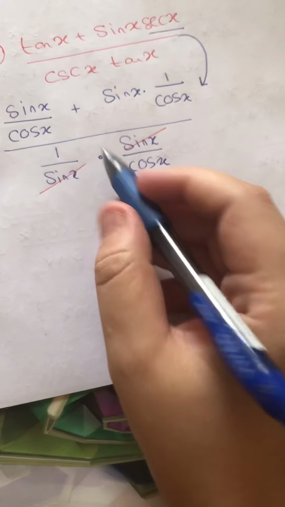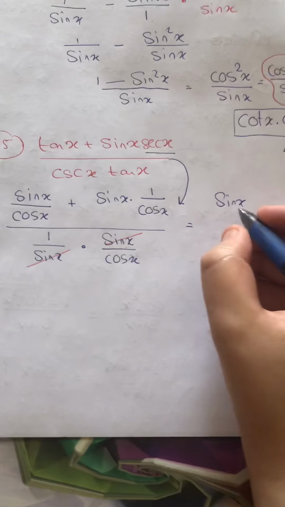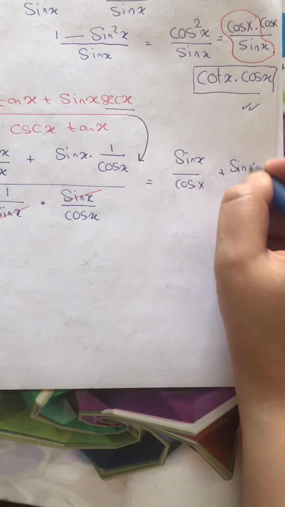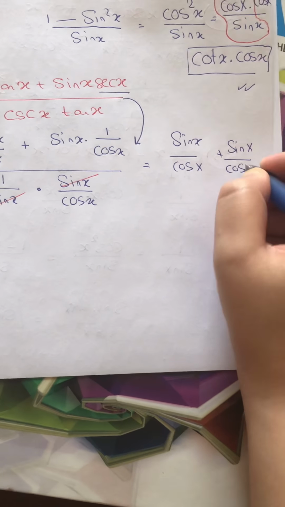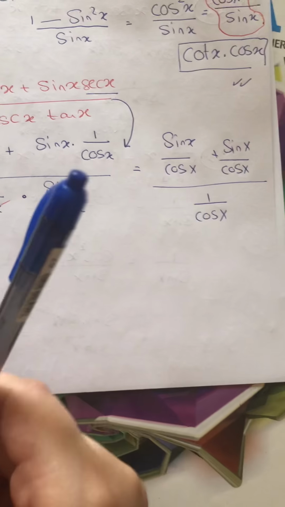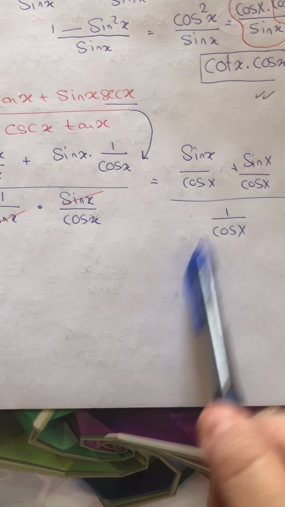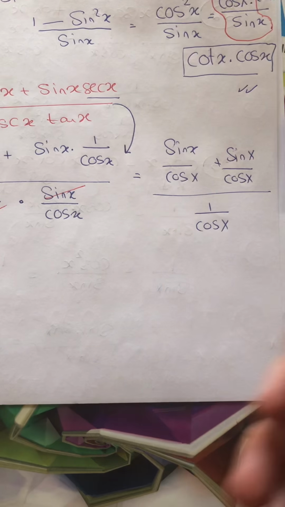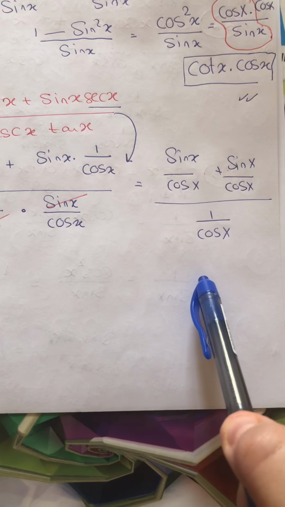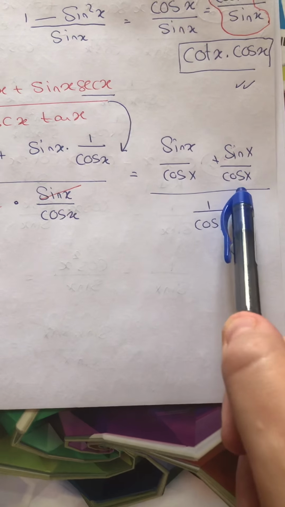And here, I can add, because actually I have sine x over cosine x plus sine x over cosine x all over 1 over cosine x. If you can see that if I multiplied everybody by cosine x, these will all cancel out, that would be very lovely. If I multiply the whole fraction by cosine x, this will go and this will go and this will go.